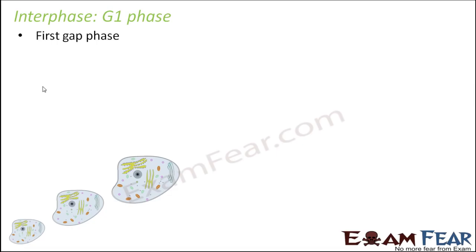As it says gap, that means it is a break. Like when you work really hard, you need a break in between. So this is also a break phase or a gap phase. In this phase, the cell is metabolically active. When I say metabolically active, what do I mean? I mean that the cell is active to carry out metabolism.